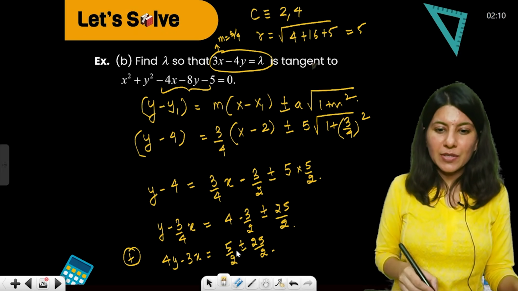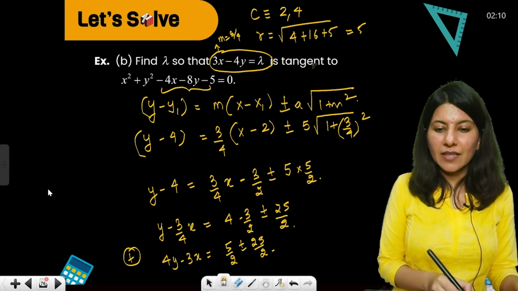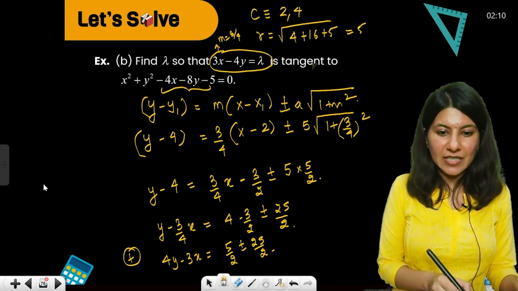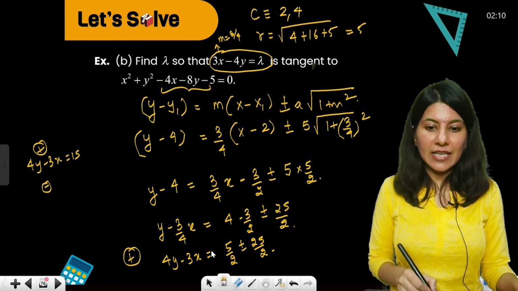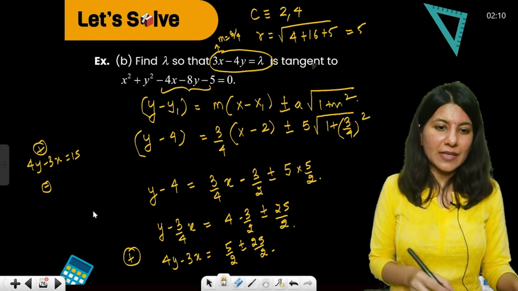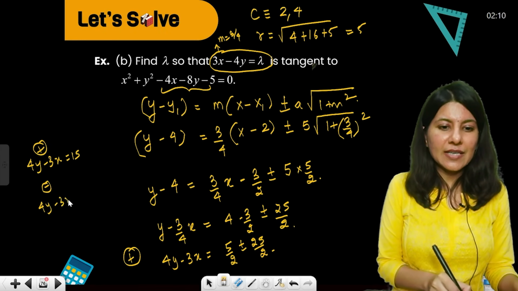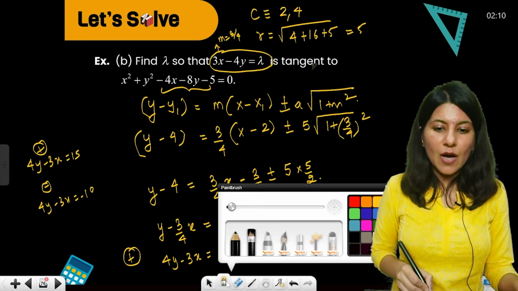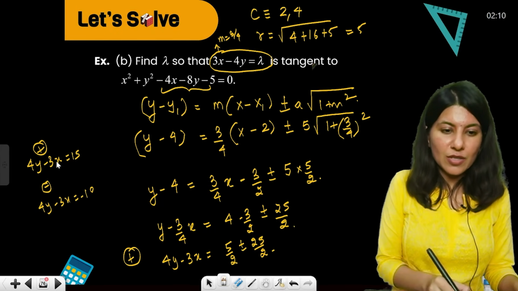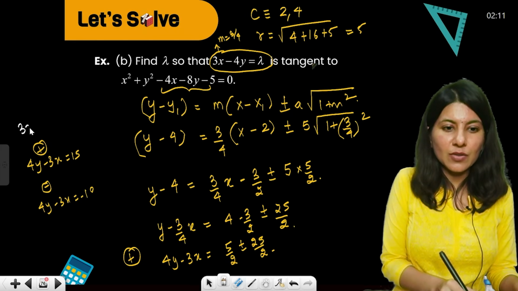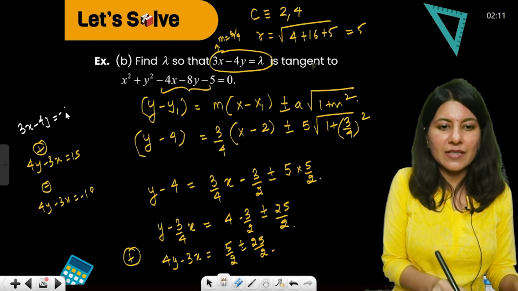Now, if you take a positive sign, then you will get 30 by 2, that is 15. So 4y minus 3x becomes 15 for the positive sign. And if you take the negative sign, that is minus 20 by 2, which is minus 10. 4y minus 3x equals minus 10. Now, if you want to compare it with your equation 3x minus 4y, you just have to multiply with a negative sign. 3x minus 4y equals minus 15.